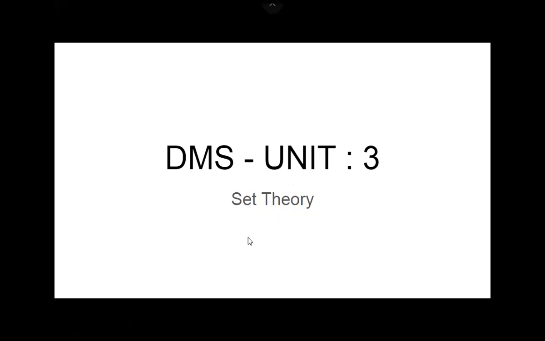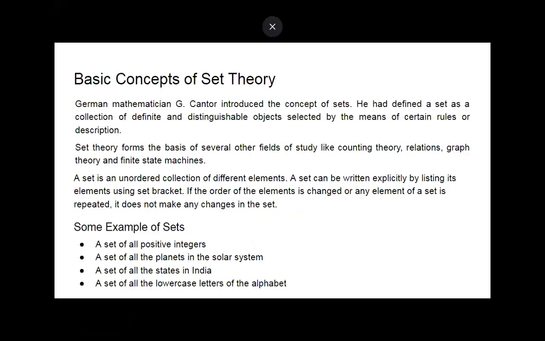From I think the last 3 to 4 lectures we are studying DMS, which is unit 3. The name of that unit is set theory. Then these were the basic concepts of set theory.